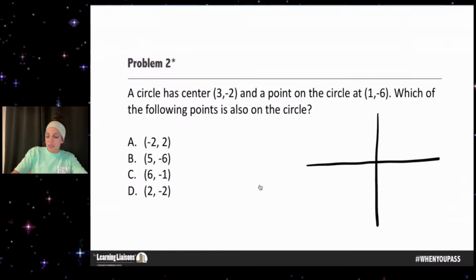I can find my center, (3, -2). I can plot (1, -6). Oh, that's not (3, -2), that's (-3, -2)... 1, 2, 3.